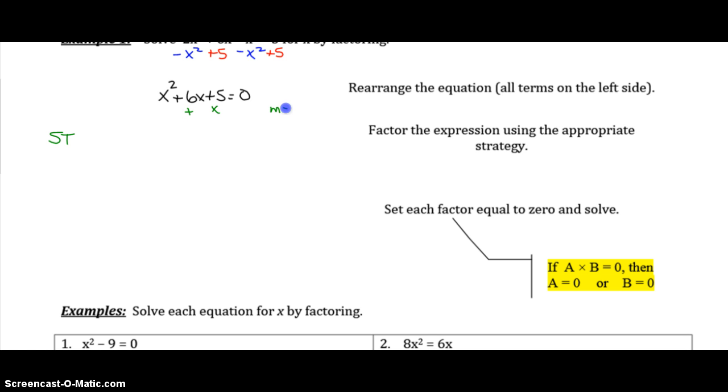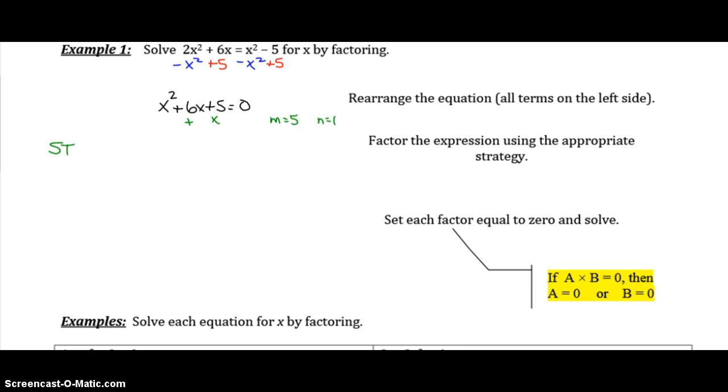So that's your m and your n. And the 2 numbers that multiply to 5 and add to 6 are 5 and 1. So to factor that simple trinomial, you have x plus 5 in the first bracket and x plus 1 in the second bracket. And because this is an equation, do not forget to put that equals 0 at the end.